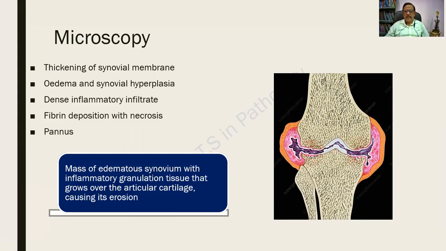So the eosinophilic acellular material that is being formed constitutes the pannus. So you should be able to describe the evolution of a pannus. And look at this particular picture again. I'm finding that there is a loss of the articular cartilage and there is an edematous fluid over here, a thickening of the synovium, and an erosion of the underlying bone also.